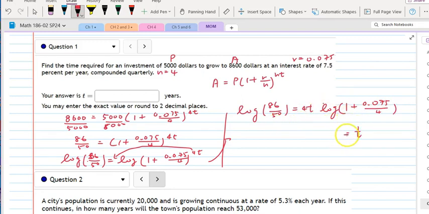So t is equal to log of 86 over 50 divided by 4 times log of (1 + 0.075 over 4).